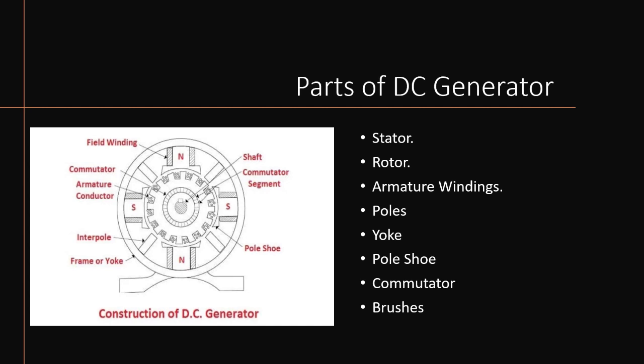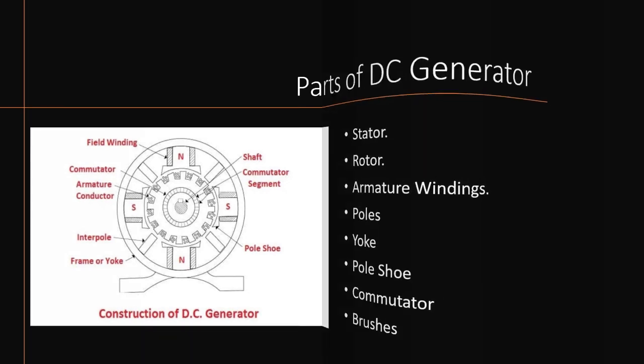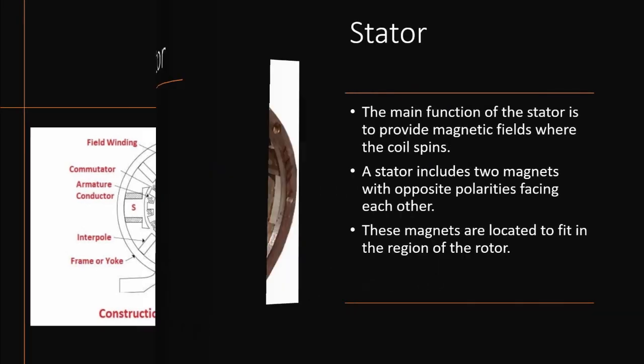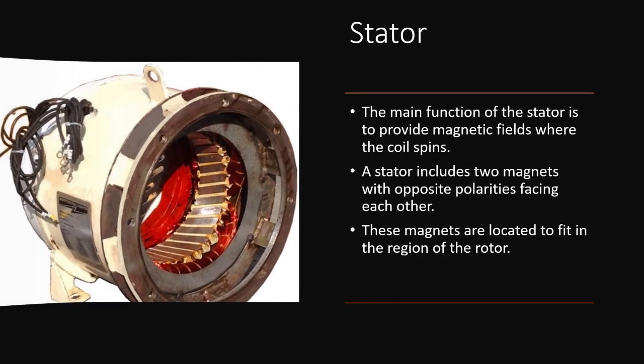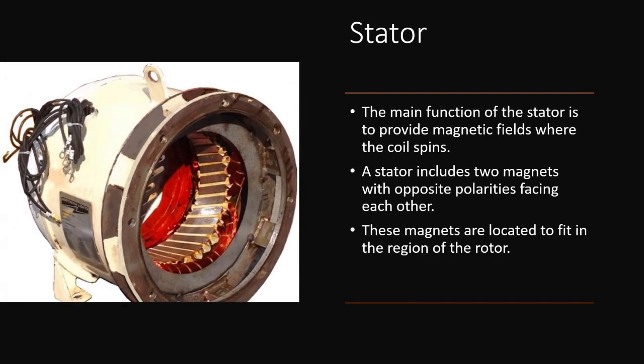Now let us discuss them shortly to understand. What is stator and its function? The main function of the stator is to provide magnetic fields where the coil spins. A stator includes two magnets with opposite polarities facing each other. These magnets are located to fit in the region of the rotor.